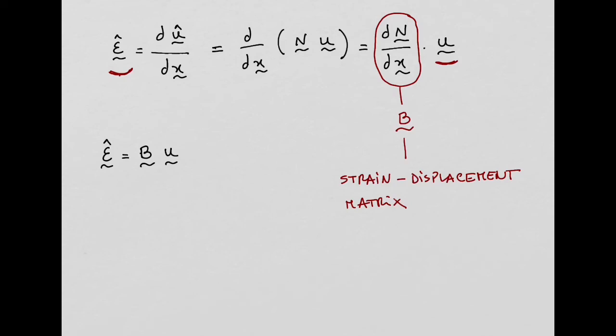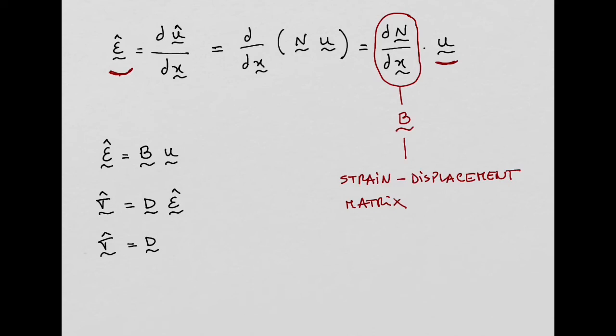And I can replace from Hooke's law, I have my stress field equal to my matrix with elastic constants times the strain field. So if you want, my approximated stress field is going to be equal to my matrix with the material constants, the elasticity matrix from Hooke's law.